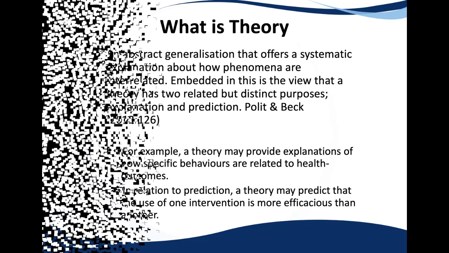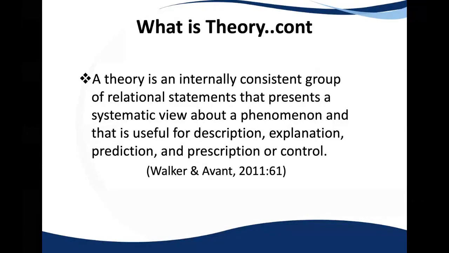But remember, the key thing about theory is that theory is an opportunity to explain phenomena. They also offer an opportunity to provide predictions in relation to that phenomena. So two things that theories do. Of course, others have defined it too, and Walker and Avant offer an alternative but similar articulation of what a theory is.